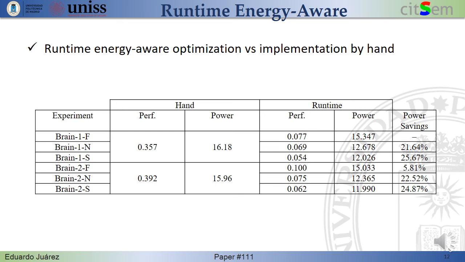Like the previous experiment, for brain 1F, power savings are not shown because the performance objective is not reached in this case. As can be seen in the table, the power savings range from 5.81% in brain 2F to 25.67% in brain 1S.